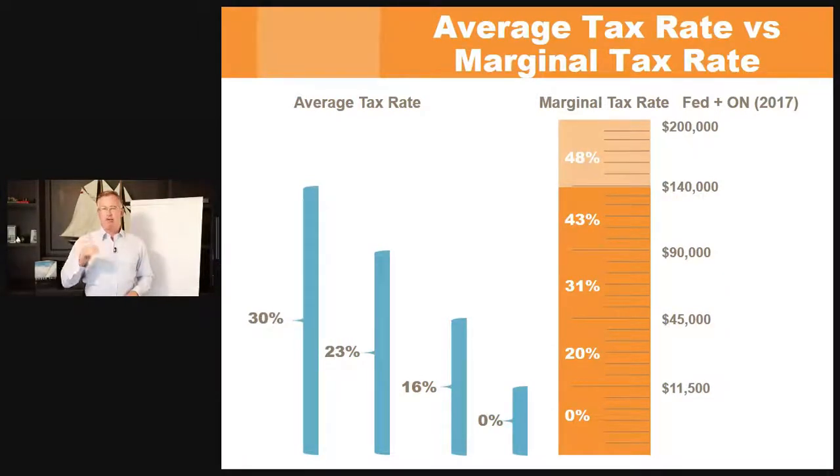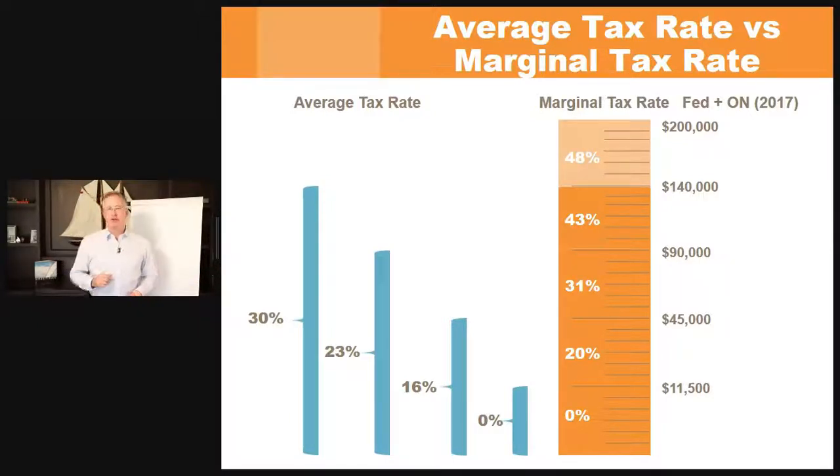So in the example earlier, where we had $91,000, the average worked out to about 23%. But as you can see on your taxable income tube there, you were in the 43% marginal tax rate.